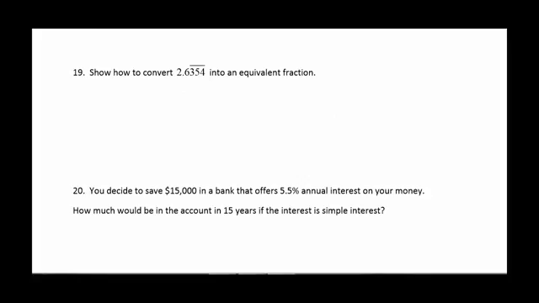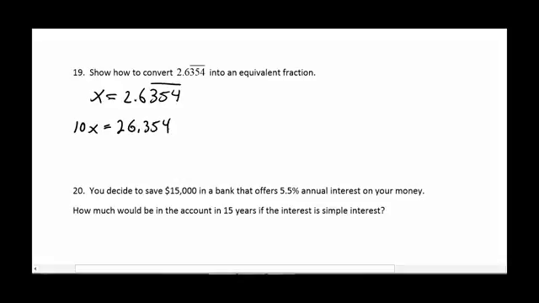Okay, on number 19, what I want to do is line up where the repeating part is at the decimal point. So let's say that x is 2.6354 with that part repeating, then 10x would be 26.354, and that part repeating again.